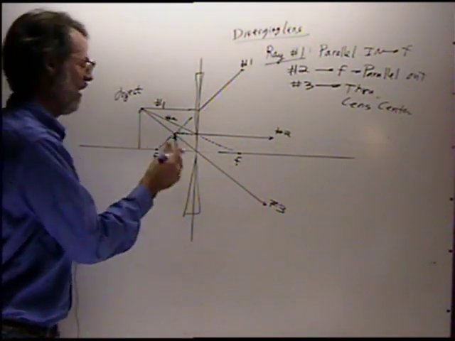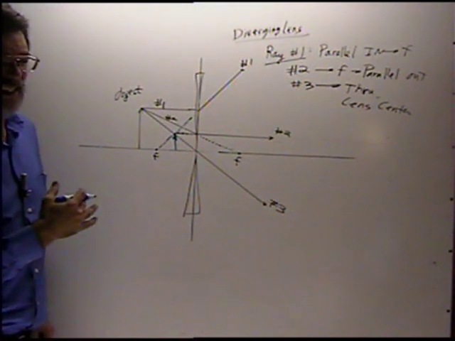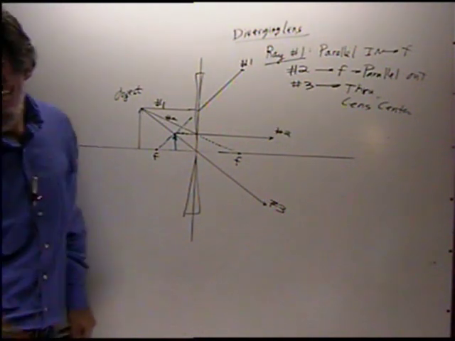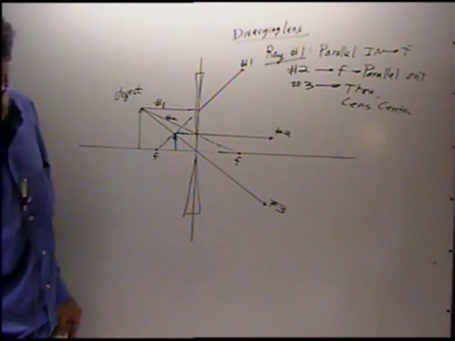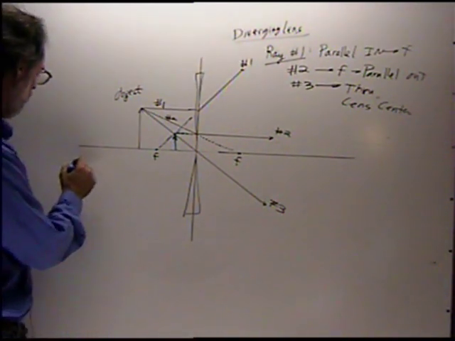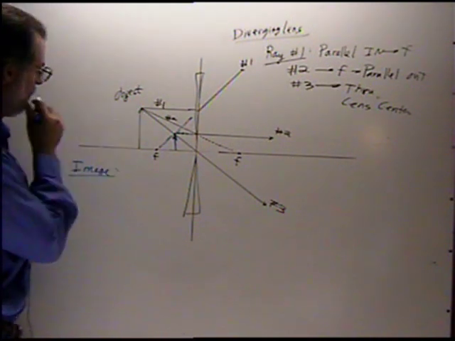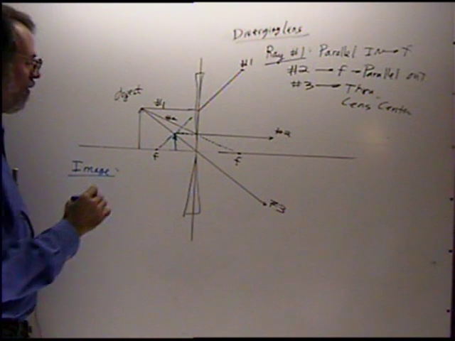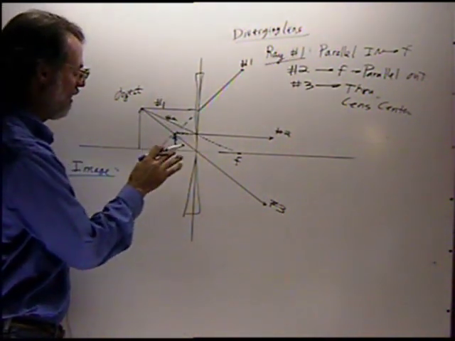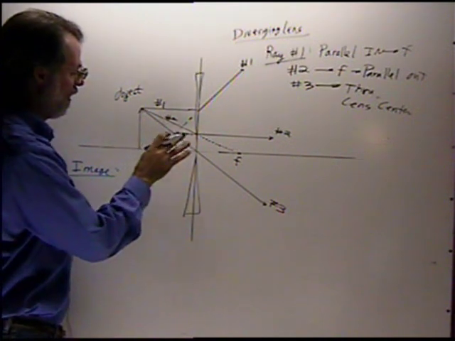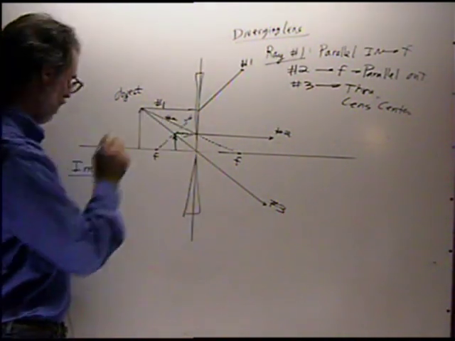So the image is formed on the left-hand side. But notice, what is the image? Is it real or virtual? Well, notice we can only do it by coupling two virtual rays, that virtual ray and that virtual ray.